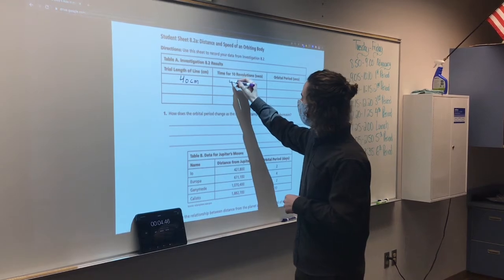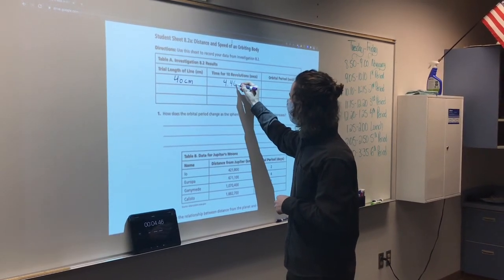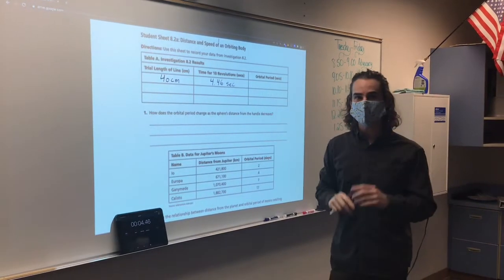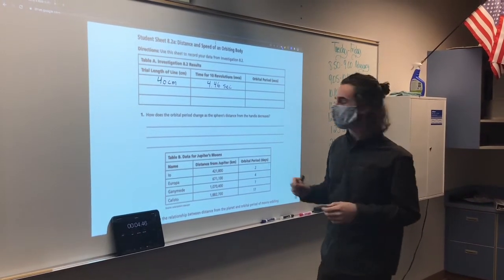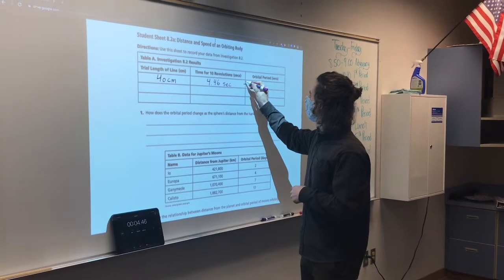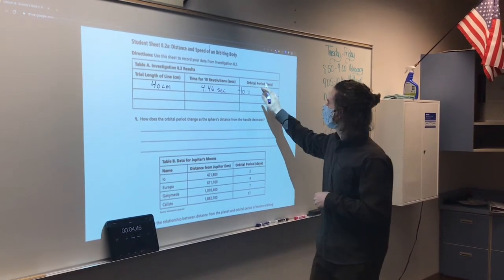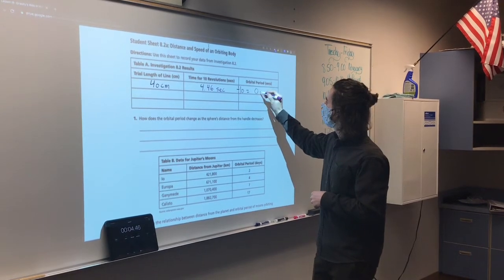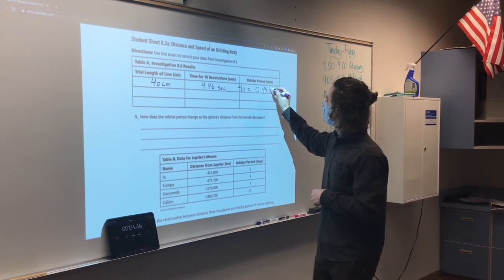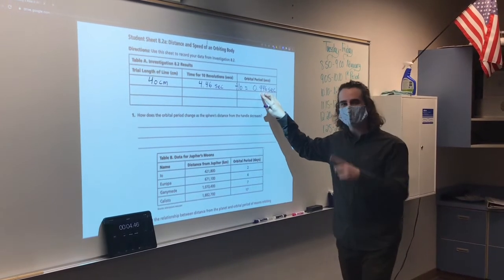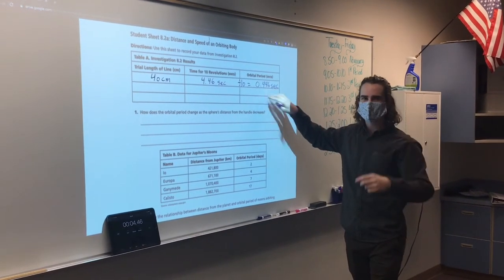I got 4.46 seconds. You may have gotten something similar according to your own stopwatch. And I'm going to divide this number by 10. What this is going to give me is an orbital period of 0.446 seconds. So that's the length of time it took to make one revolution.